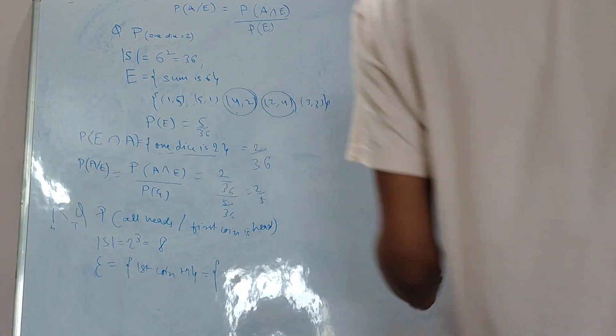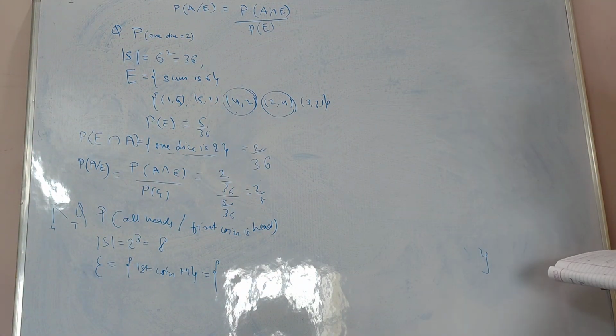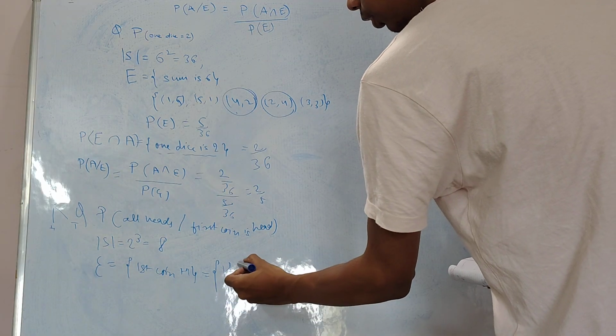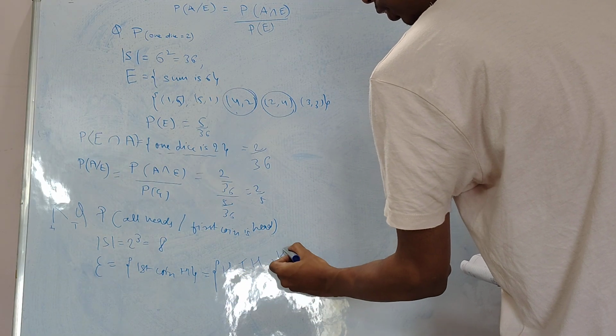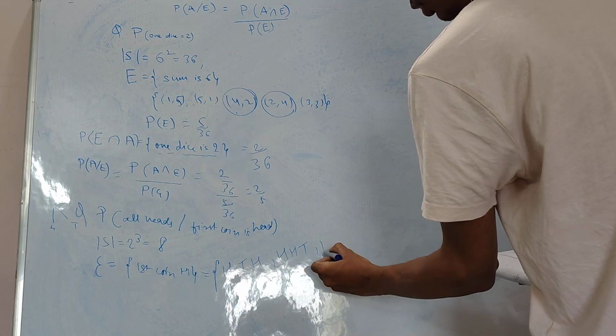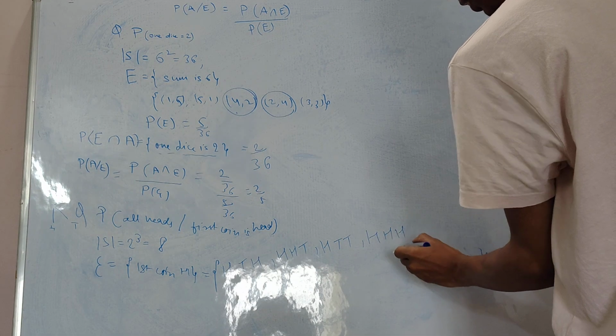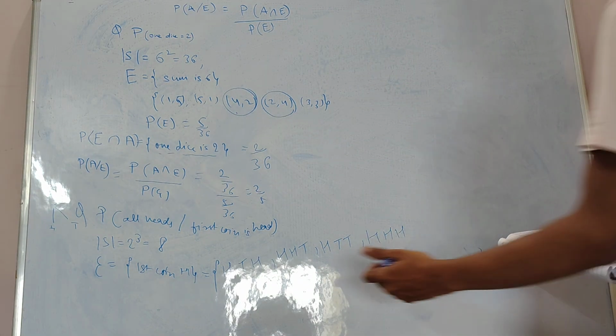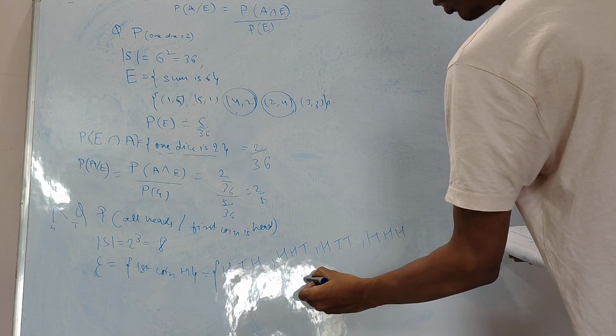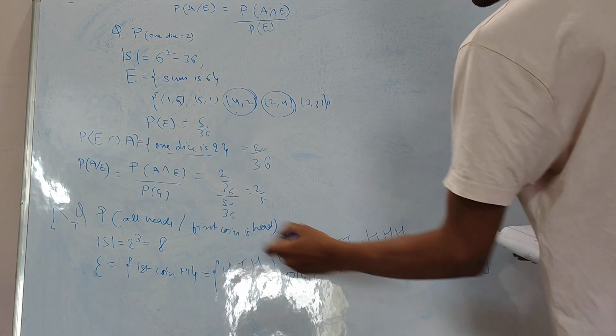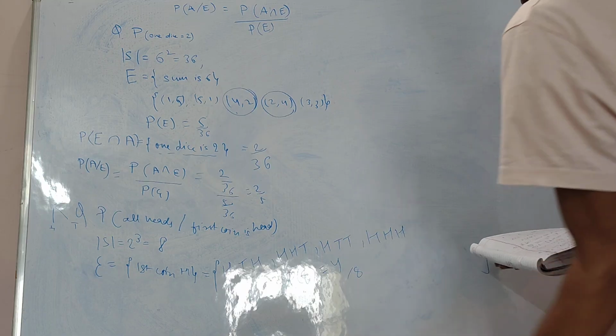either tail or head, either head or tail, either head, tail, or either head, right? These are the possibilities. So probability of this event will be 4 by 8, right?